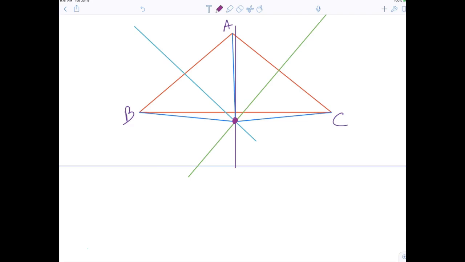That point of concurrency is equidistant from what? They're called the vertices. Is everybody with me on this? Does everybody see the blue lines? It's the same thing. Does everybody agree?